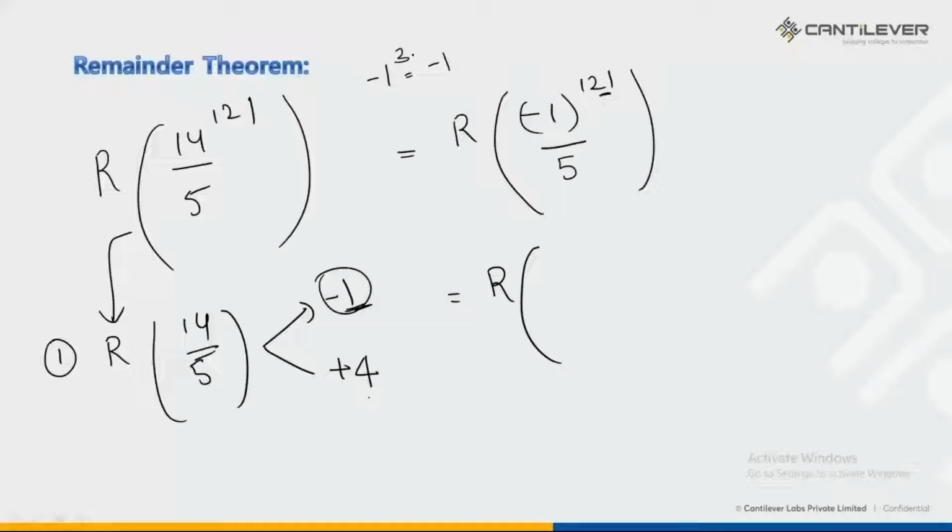Why? Because negative power odd. Very good. Negative to the power of odd will be negative. So minus 1 divided by 5. What is the remainder? Minus 1, because it will go zero times, 5 zeros are 0, and minus 1 will be the remainder. So you need a positive remainder, so plus 4 will be the positive one.